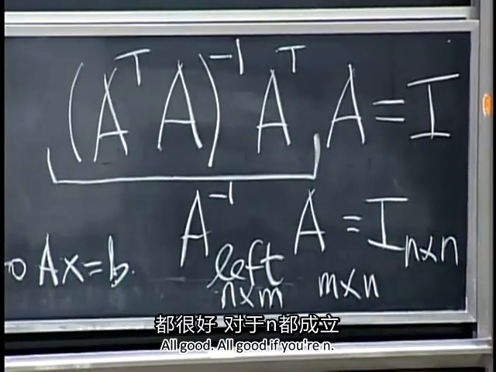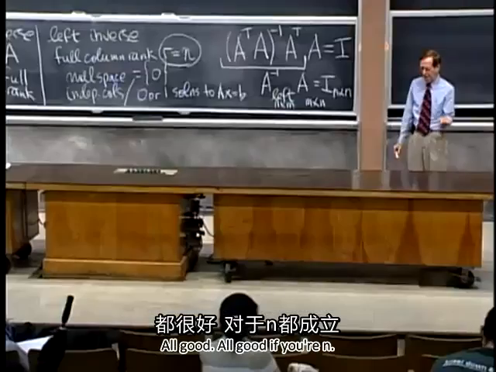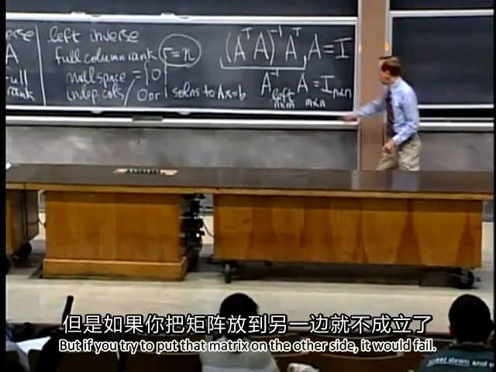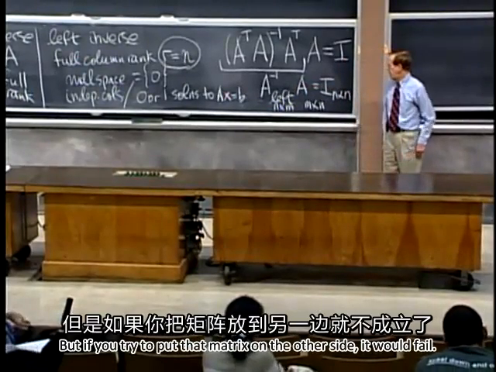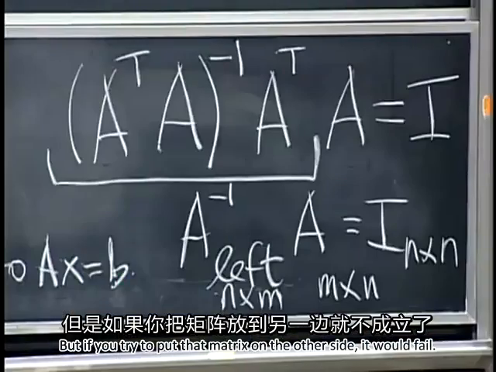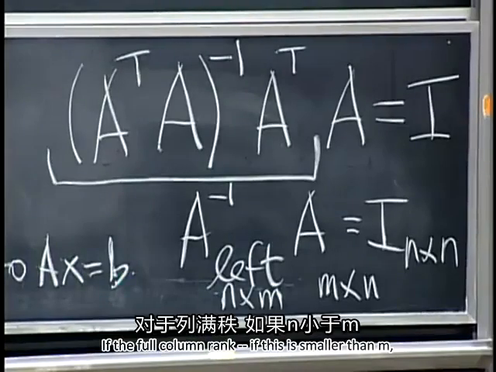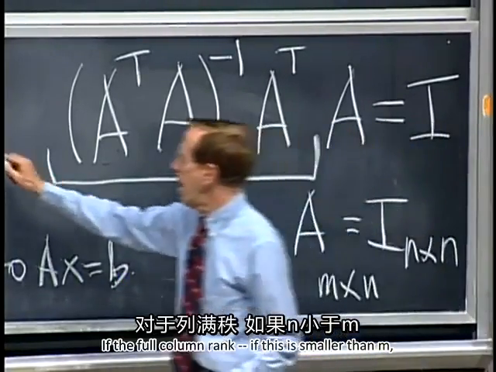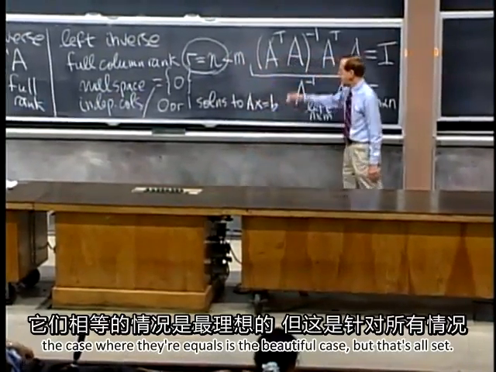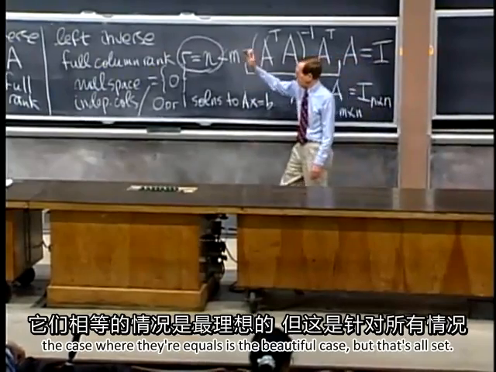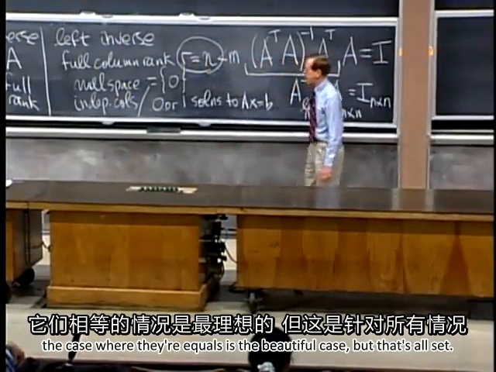All good if you're n. But if you tried to put that matrix on the other side, it would fail. If the full column rank n is smaller than m, the case where they're equal is the beautiful case, where that's all set.